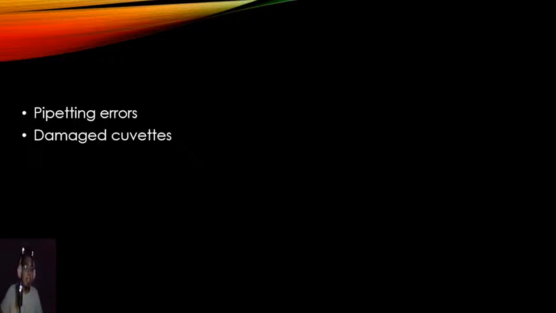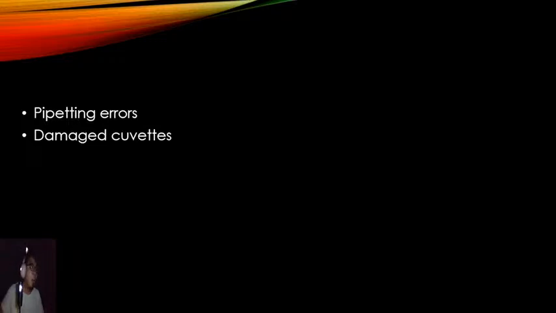Maybe your cuvettes are cracked, or there is damage in the light bulb of the instrument itself, or expired standards. There are a lot of things that can be inherent to the instrument, but these are the most common, because these two things affect the precision of the results. One is associated with errors of calibration.